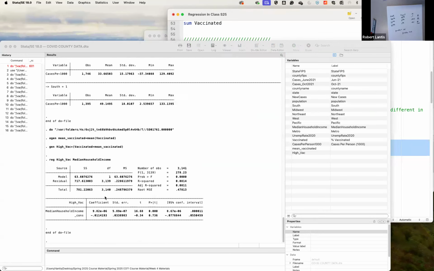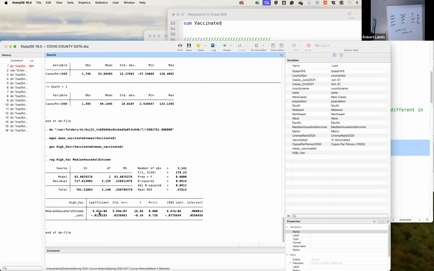Now notice, this is a good one to use as an example because what are the units of my median household income? It's in dollars. So for every $1 increase in the average income of the county, the probability, remember our Y variable being 0 and 1, this coefficient represents changes in our Y variable, which the units are essentially the probability it belongs to the one group. So if my median household income goes up by 1, the probability that it has above average percent of its county vaccinated would go up by, well, this is a weird number.